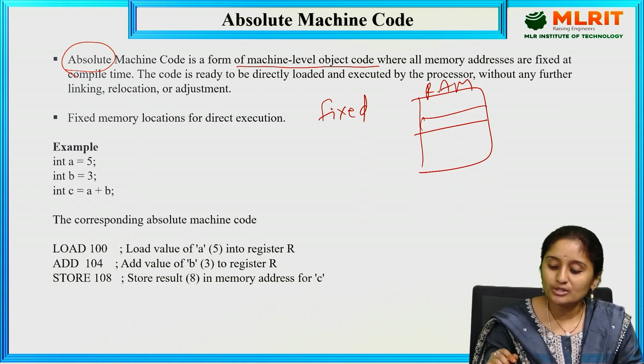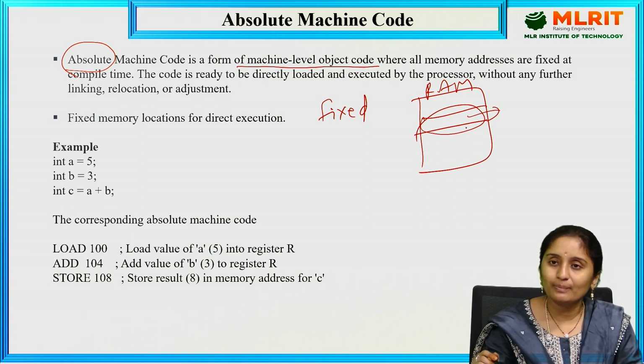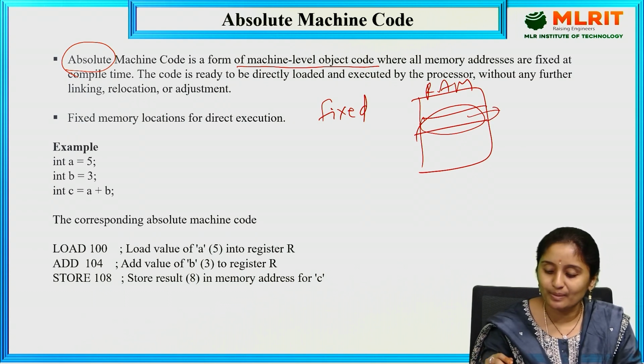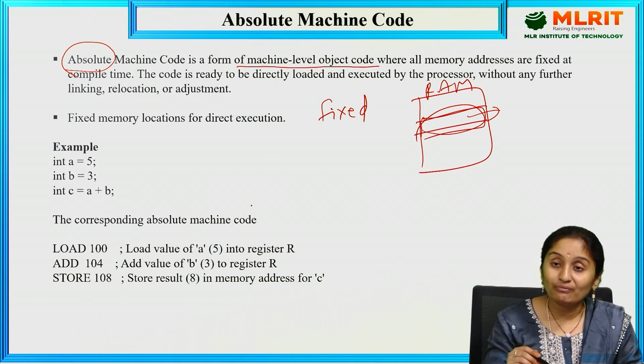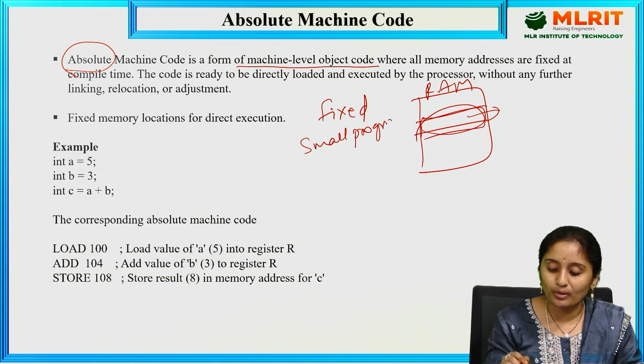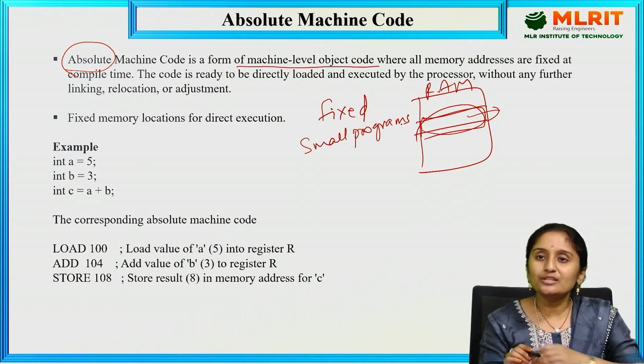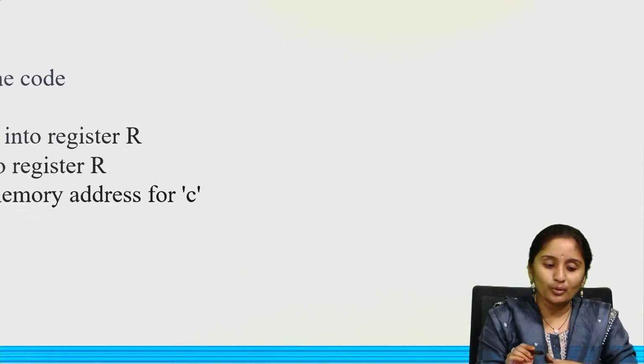Even if I execute it one more time, the memory is fixed for it. The program will be executed and will reside in this memory location only. So absolute machine code works only for small programs, and it is used only for small programs.